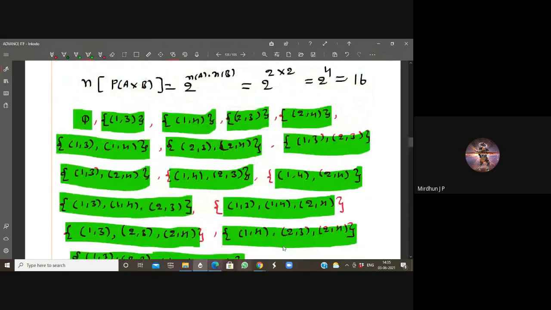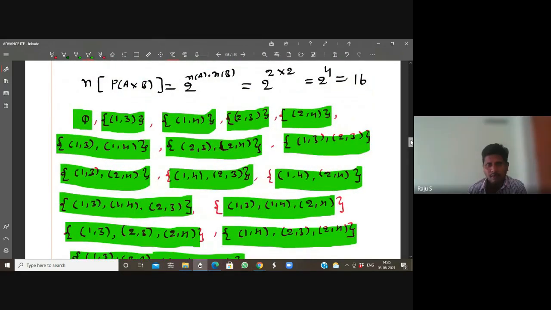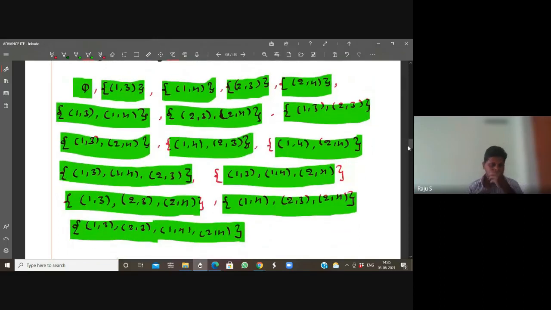Those who have completed this question can go for the next one. Total, how many questions are given in this exercise? 10, sir. Okay, you can try the next one if you completed this.